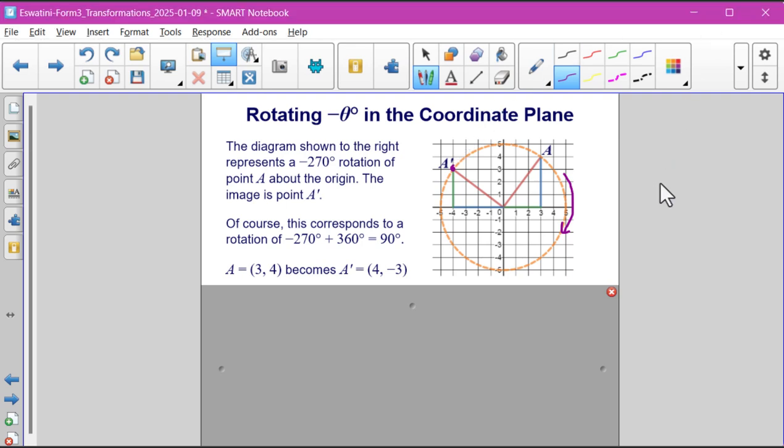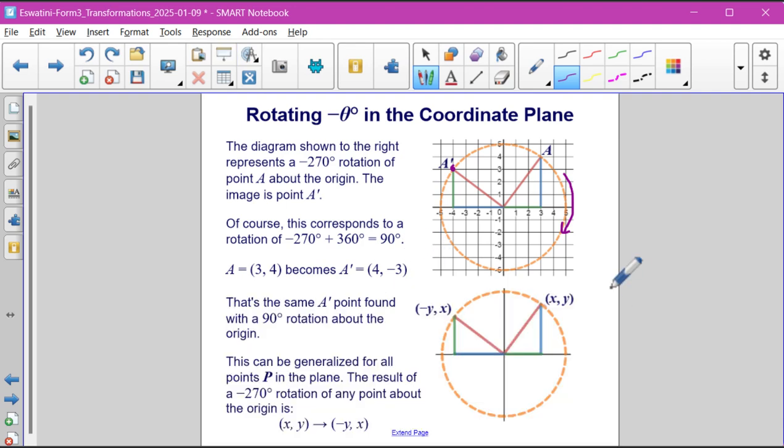Of course, this corresponds to a rotation of 90 degrees anti-clockwise or counterclockwise, because negative 270 degrees plus 360 is equal to 90. So 3, 4, the original coordinates of point A, becomes A prime, which is 4, negative 3. That's the same as the A prime that was found with the 90 degree rotation about the origin.